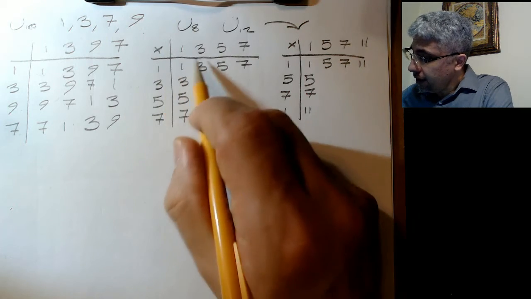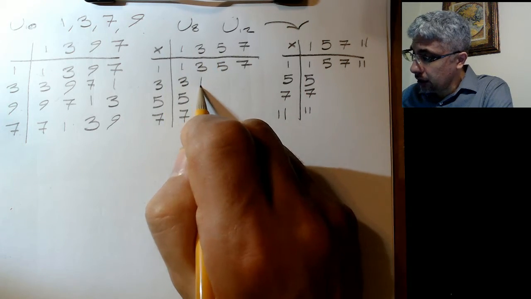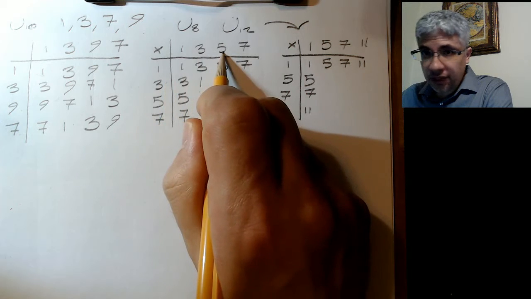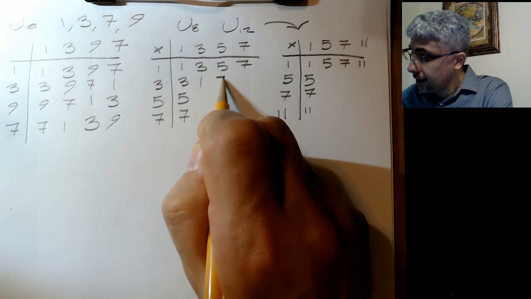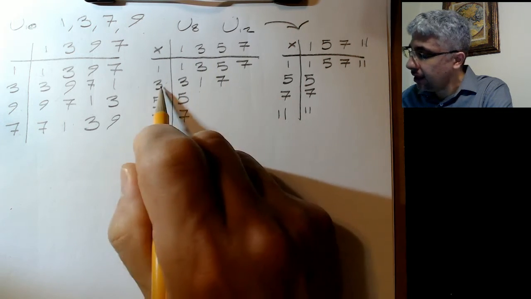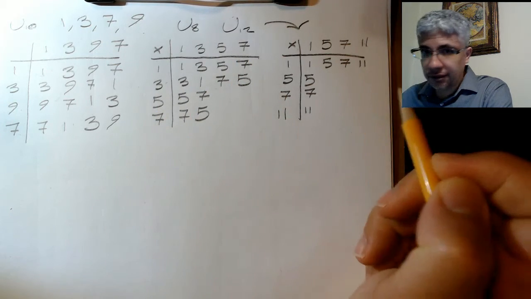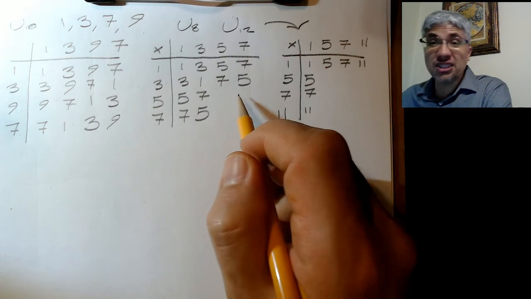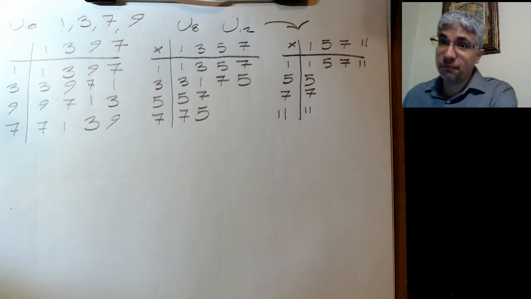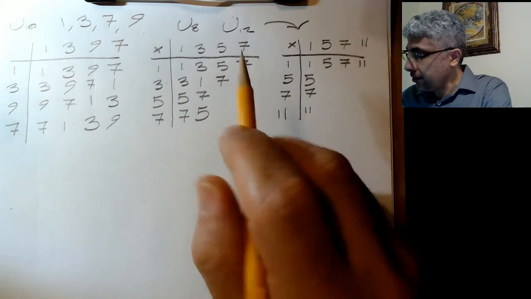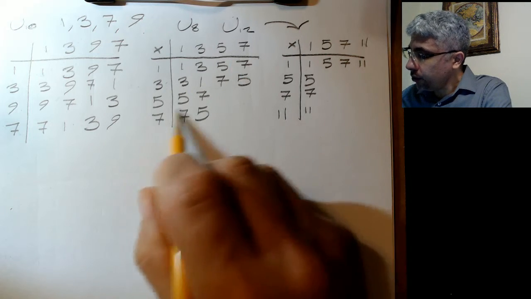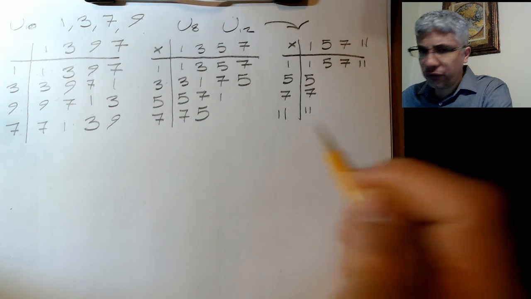Now, 3 times 3 mod 8 is 1, and 3 times 5 is 15, which mod 8 is 7, 1 away from 16, and 3 times 7 will give me 5. And also, it's commutative. I should just say A times B is B times A, which means commutative. So I could do that. And now I have a 3 and a 1. 5 times 5 is 24.